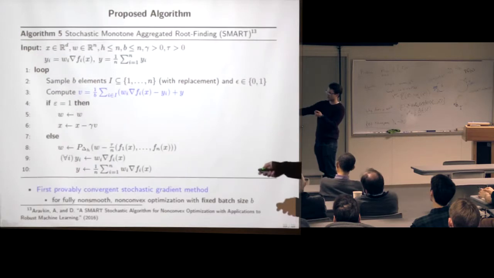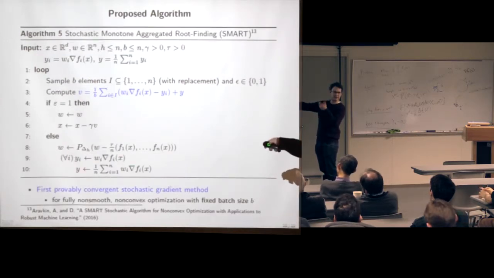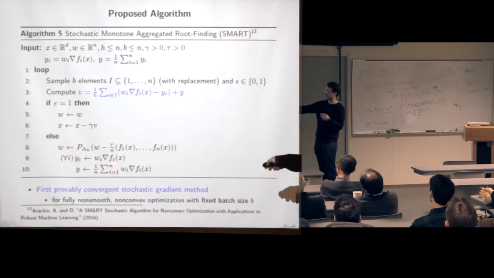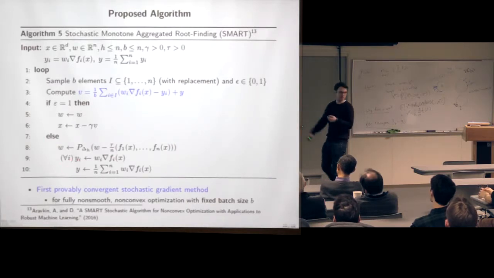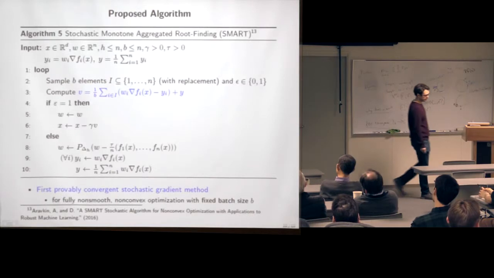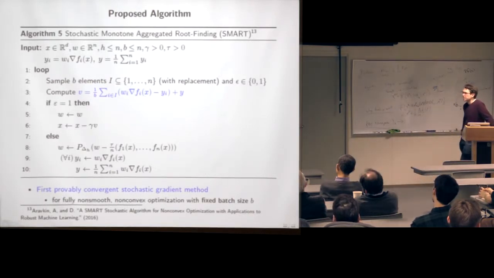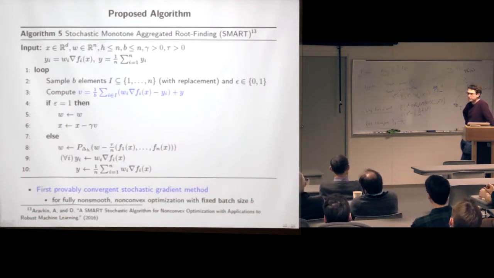Then whenever you get tails, you update all the yi's, and then you update this sum. So it requires a full sum over the data set in this case. The nice thing about this algorithm is it's the first provably convergent stochastic gradient method for this non-smooth, non-convex problem. Before there were no convergence rates at all for a stochastic method.